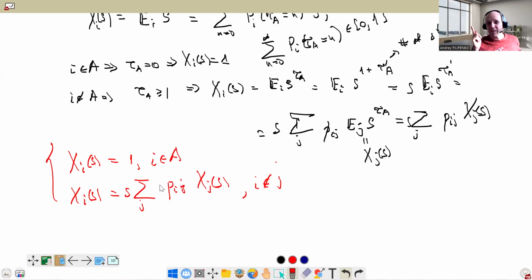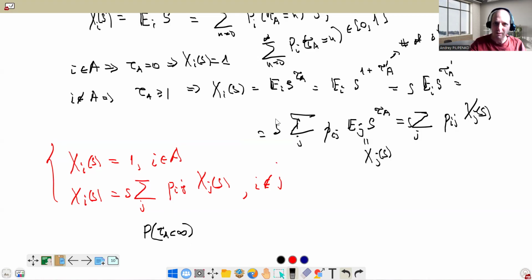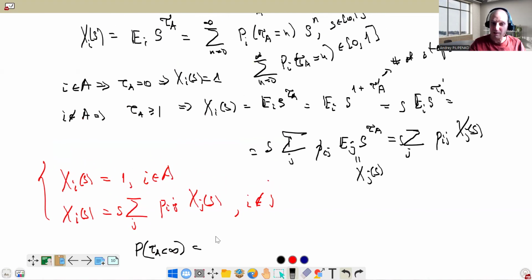So theoretically, you may find xi of s and even the distribution of tau A. And what is the probability that tau A is less than infinity? The probability that tau A is less than infinity is equal to the sum of the probabilities that tau A is n, from 0 to infinity. And what is this? This is the generating function at the point 1.